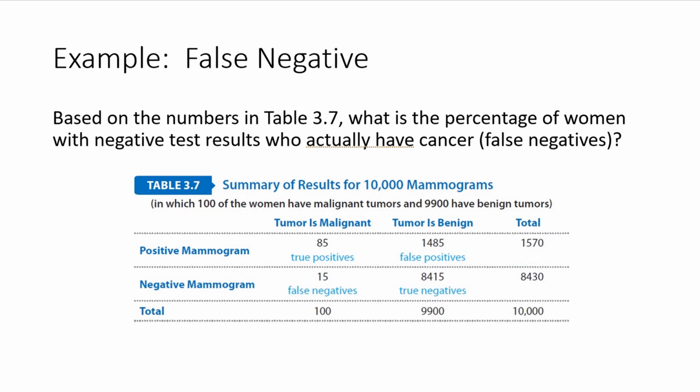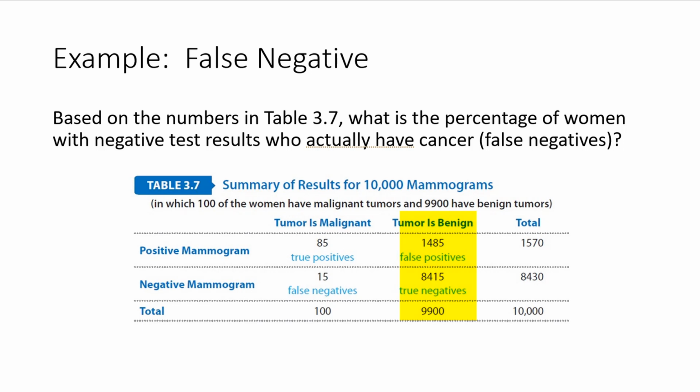The third row says negative mammogram. Under tumor is malignant, we have 15, so false negatives, 15. Tumor is benign, true negatives, 8,415, for a total of 8,430. In the total row, we read across and find that we have 100 where the tumor is malignant, whether the test is positive or negative, and we also find that we have 9,900 where the tumor is benign, whether it is a false positive or a true negative test result.